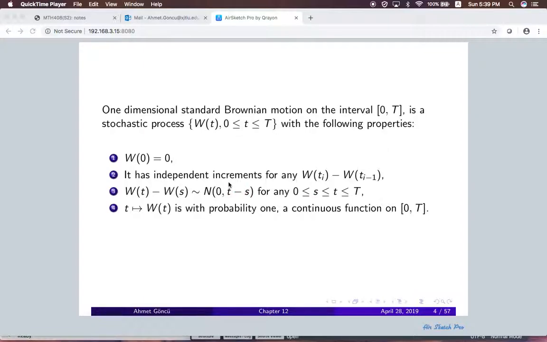And t goes to W_t with probability 1, so that's a continuous function on the domain 0 to capital T. So next we will see the first method to construct the paths of the Brownian motion process.